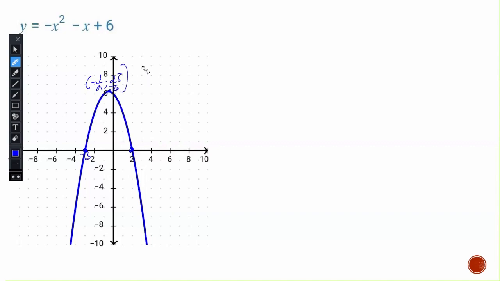Or you can say it is -0.5, 6.25. So if we write them in decimals, we are able to locate and predict that the value just needs to be a little bit above +6. That's where we have our turning point, right?